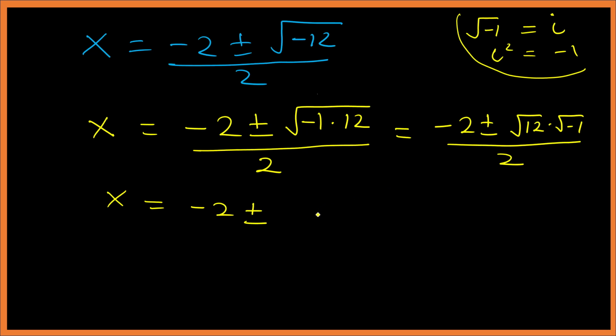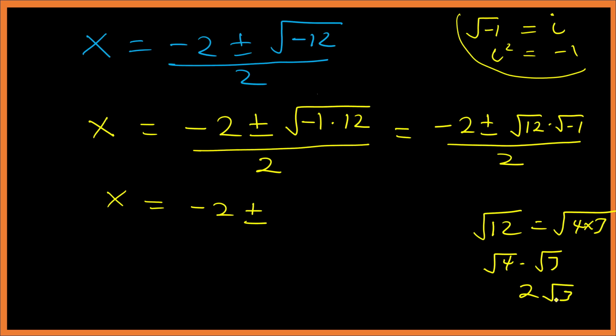We can still deal with this one because the square root of 12 is the same as the square root of 4 times 3. Now 4 is a perfect square, so that will be 2 root 3. So this one has given us -2 plus or minus 2 root 3 i, over 2.